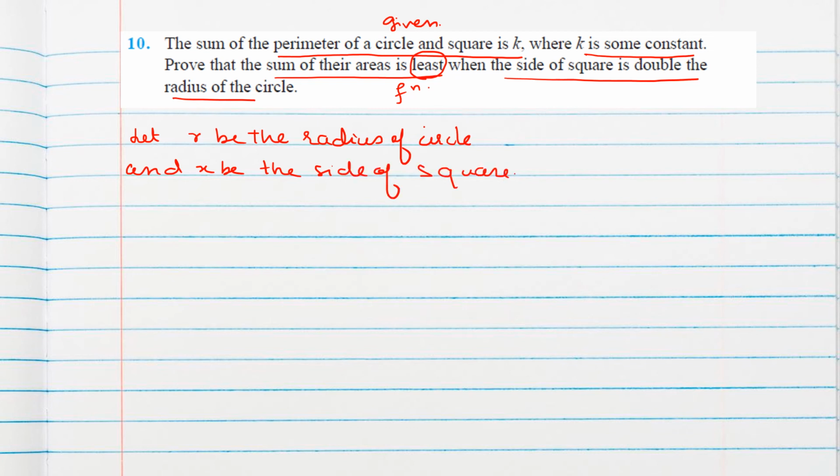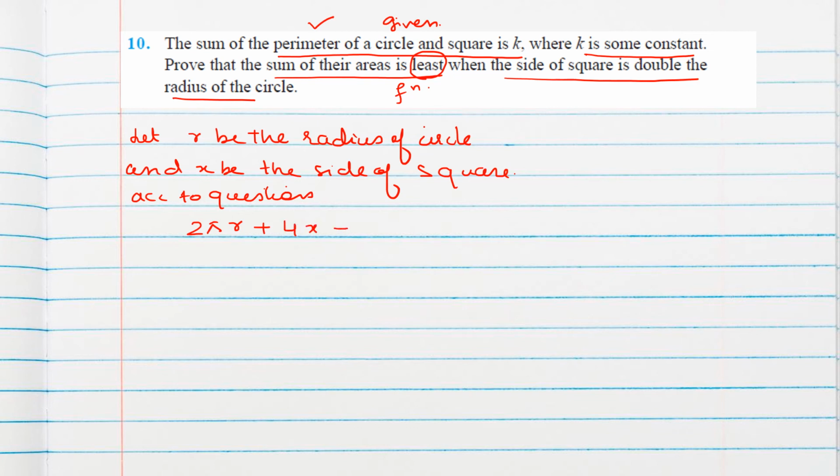So given is, sum of perimeter of circle and square is K. So according to the question, perimeter of circle means 2 pi r plus perimeter of square is 4x.